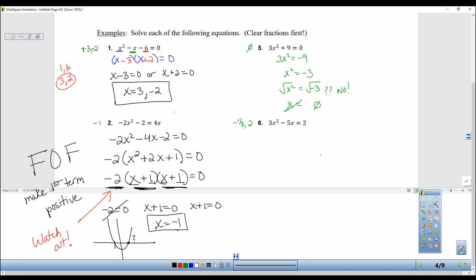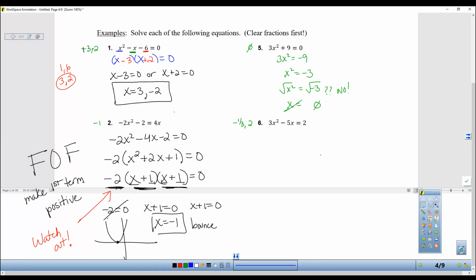There's no other 0. So when you have a repeated factor, x is equal to -1 twice, graphically, that always means that the graph bounces. So x is equal to -1 represents a bounce graphically. Boom, like that.